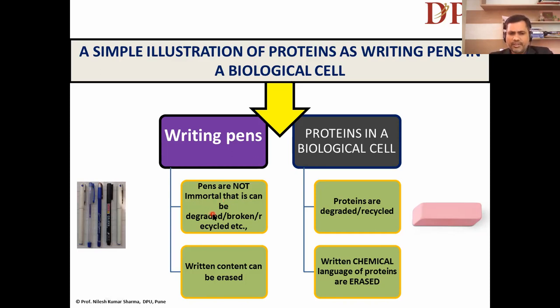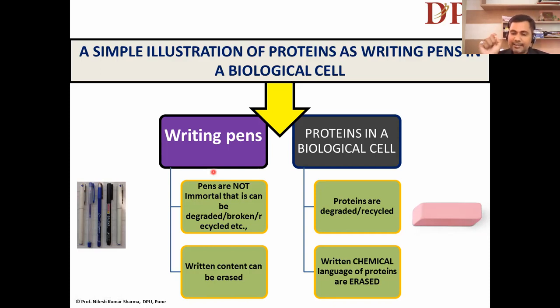Another very important point is, if this pen writes something, the written content is also not permanent or forever. The written content is also going to be erased. Likewise, with writing pens, yes, erasers are there.